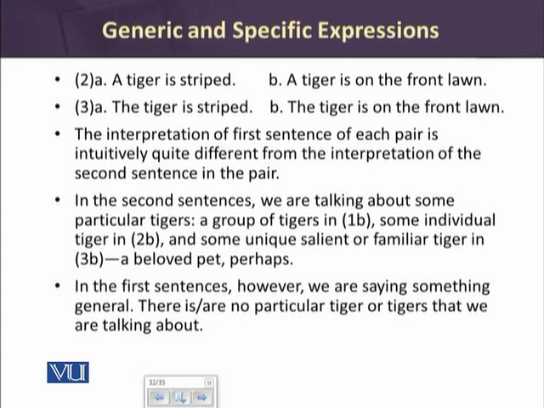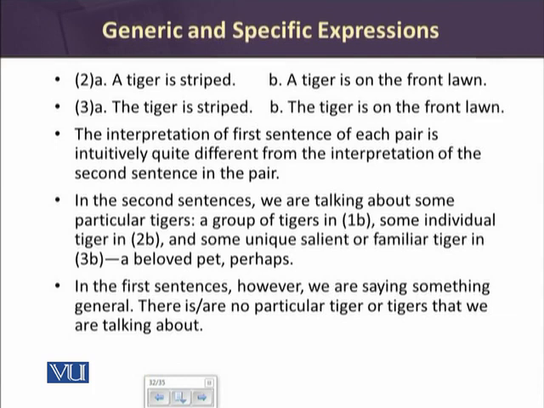The interpretation of the first sentence of each pair 1, 2, 3 is intuitively quite different from the interpretation of the second sentence in the pair, because in each first sentence we could assume they convey generic expressions, whereas in the second sentence we're talking about some particular or specific tigers.